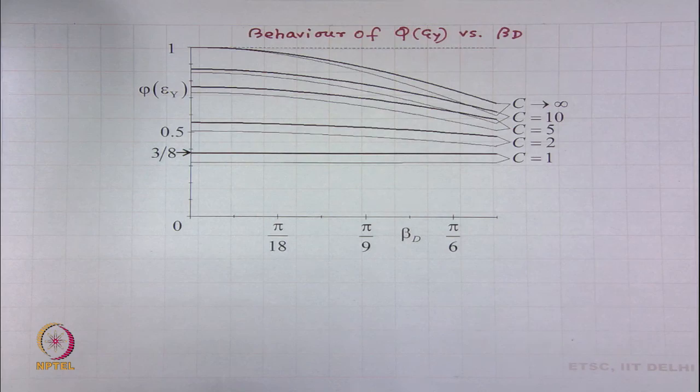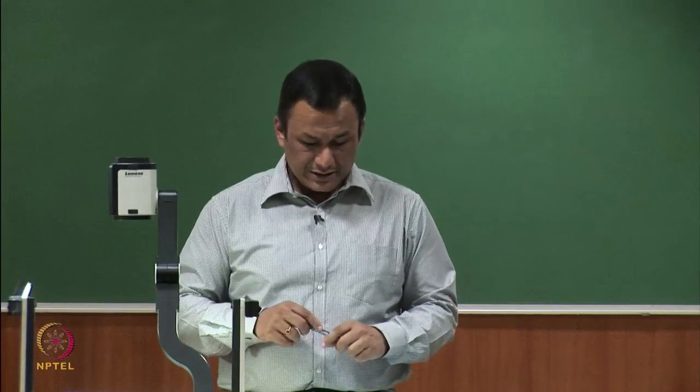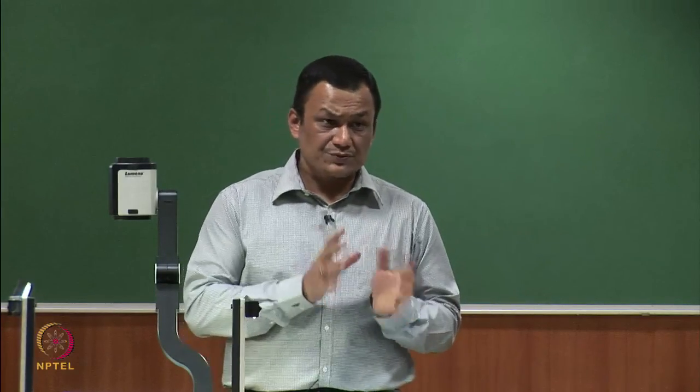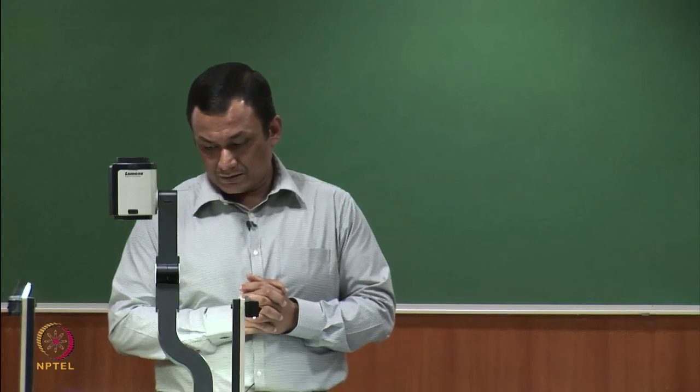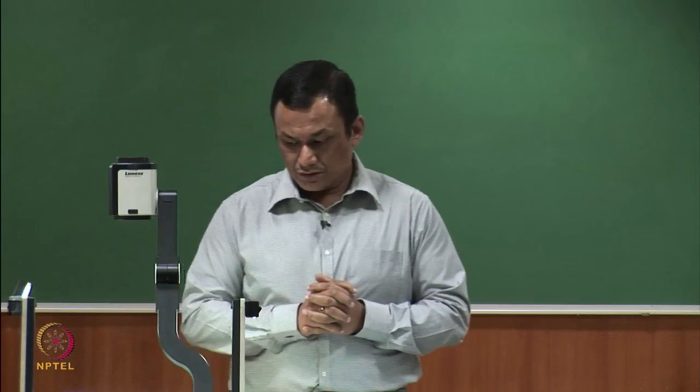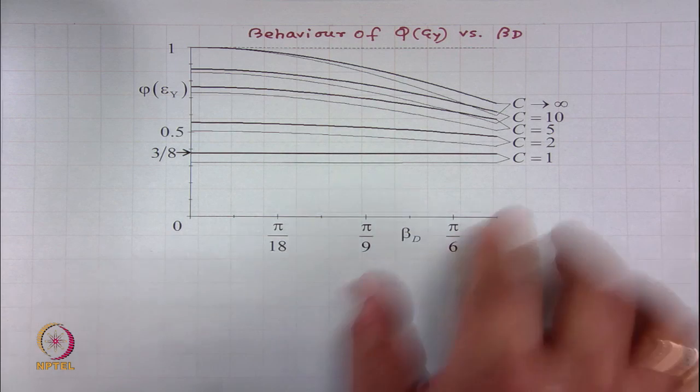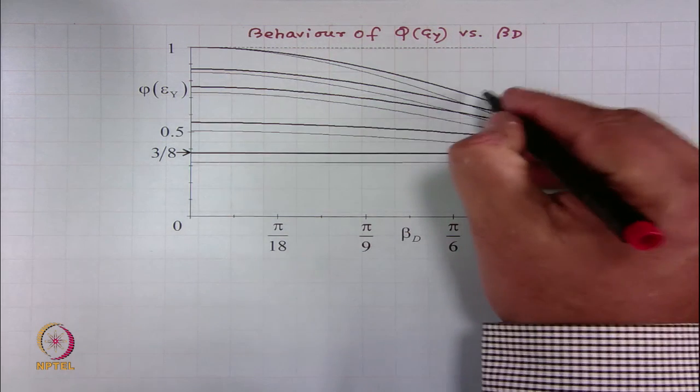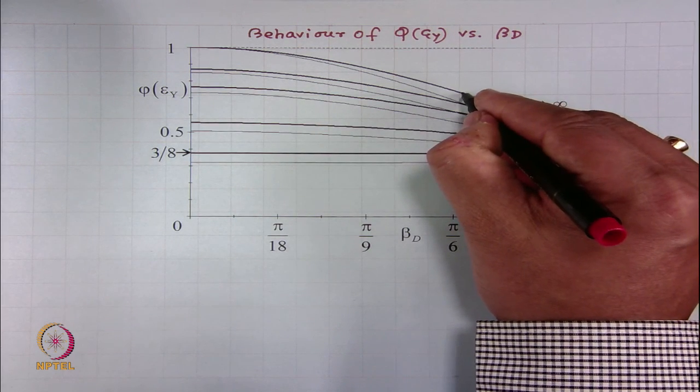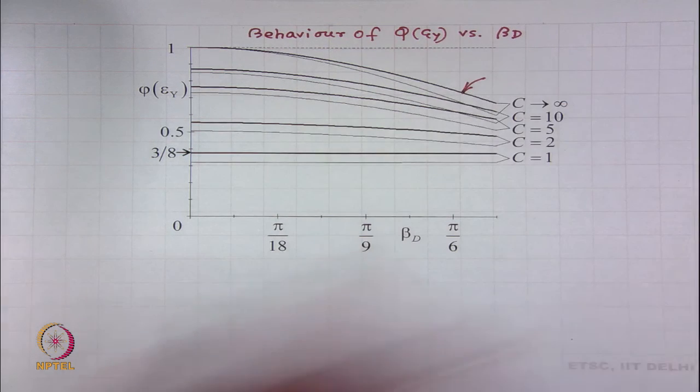As I told you earlier, C tends to infinity corresponds to Gegoff's equation. So, here the first one corresponds to the Gegoff's theory. Here also you see for each value of C two curves, one is thin, one is thick.